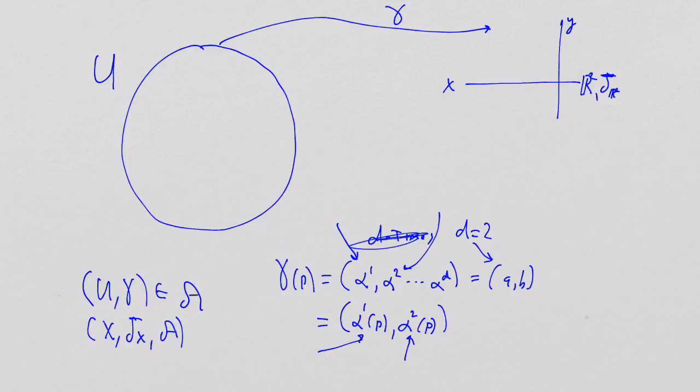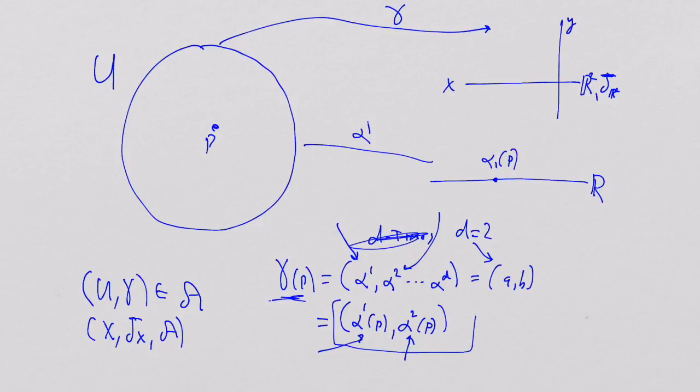If you look at these coordinate functions closely, if I have a point P here, alpha 1 of P only goes to R, right? Gamma is the thing that collects them all together and creates the ordered pair that takes you into RD, which in this case is R2. If you're going to ultimately make a D-tuple, you have to be able to calculate each of the members of the tuple.